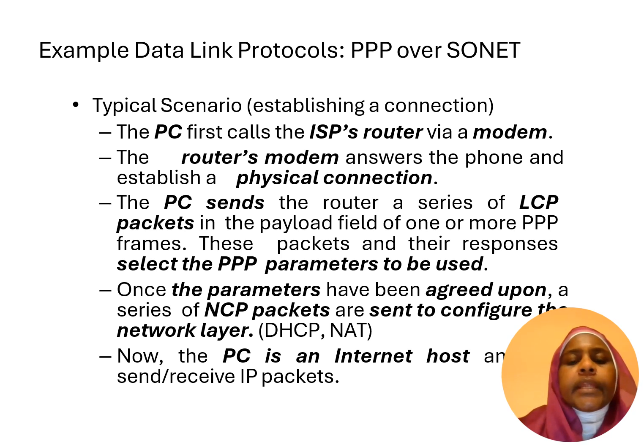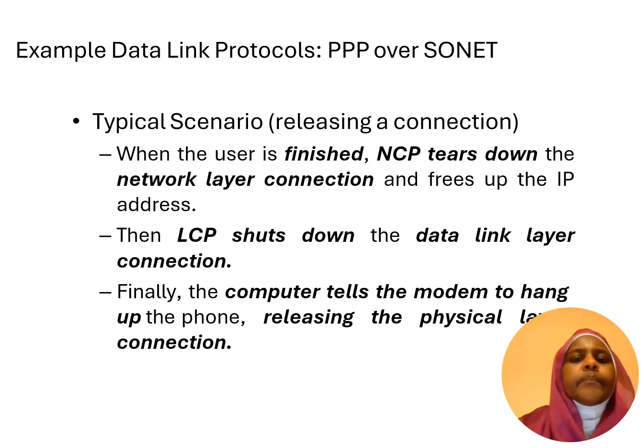Once the parameters are agreed upon, a series of network control packets will be sent to configure the network layer. Now, the PC is an internet host and it can communicate with other internet hosts and servers.